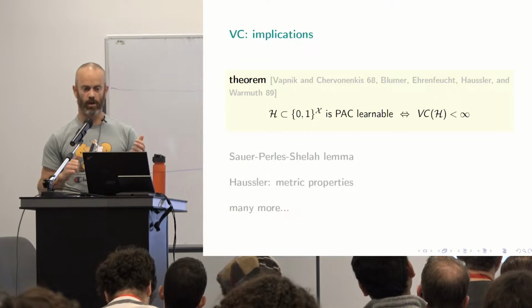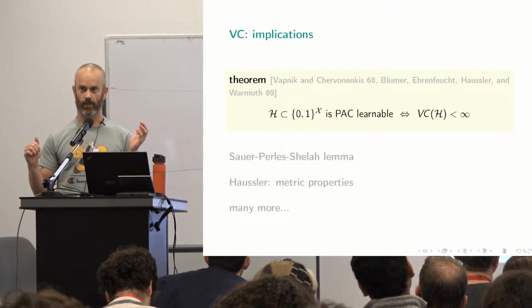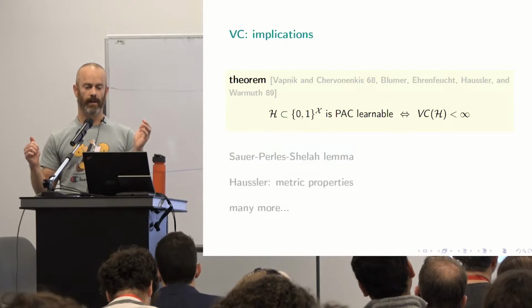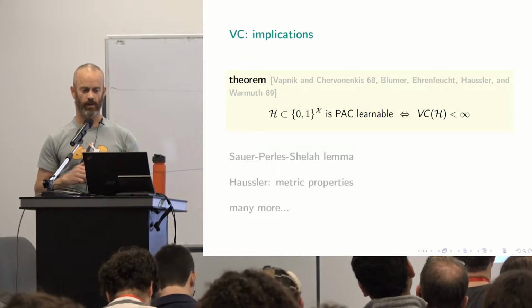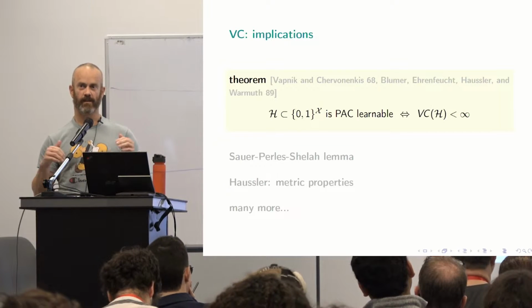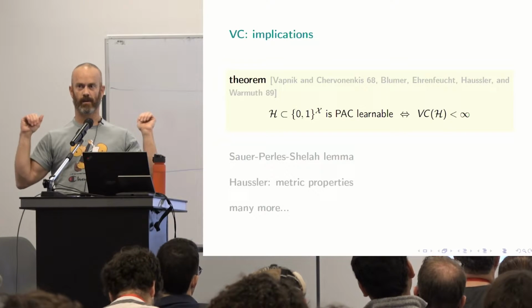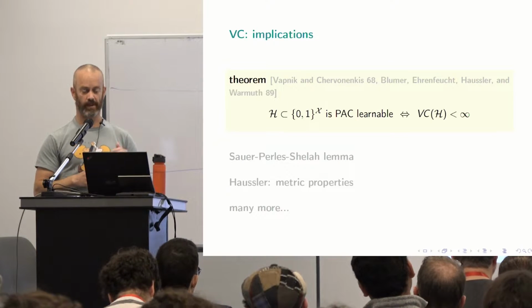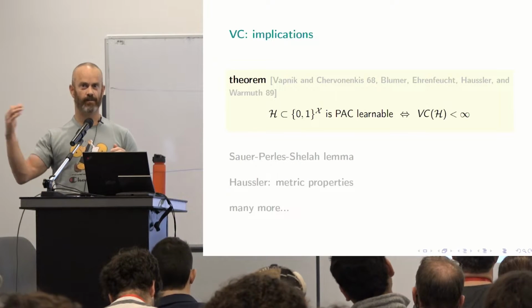And I want to comment that the VC dimension is a very important quantity in general. It gives us combinatorial data on H. This is the Sauer-Perles-Shelah lemma, or Sauer's lemma. It gives us a way to understand H as a metric space. The best result there was proved by Haussler. And it gives many, many things.